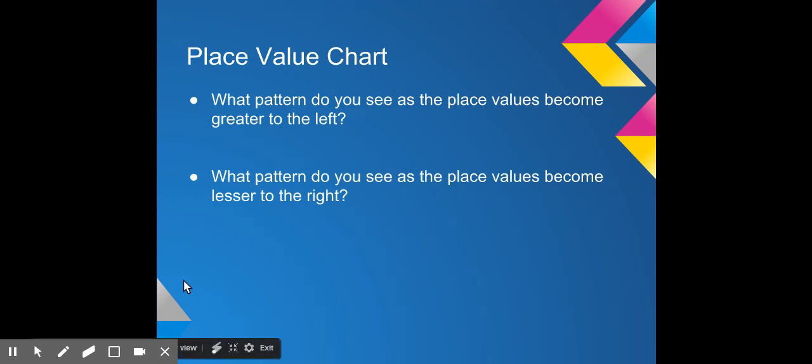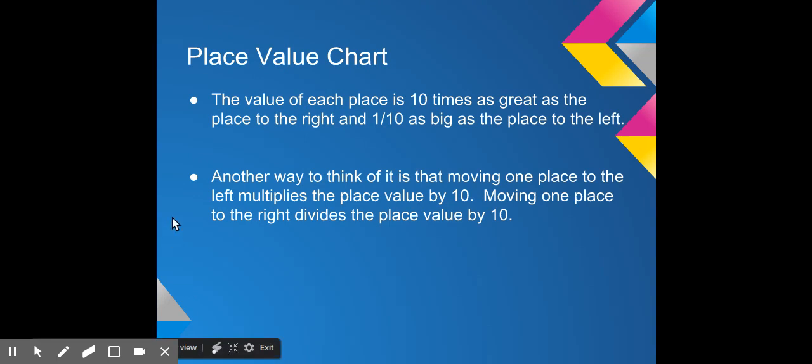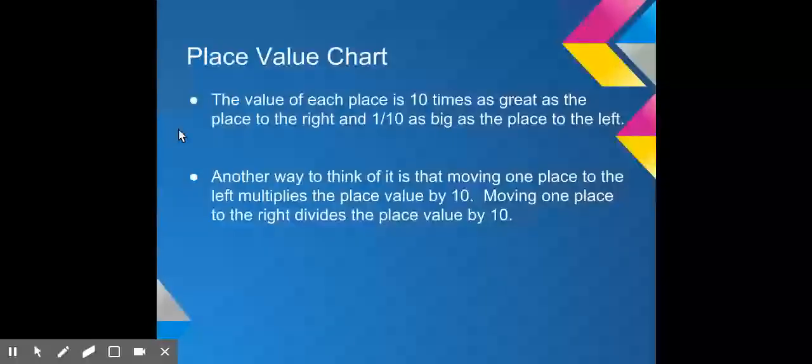Did you happen to notice any patterns as we were looking at the place value chart? For example, starting at the ones place, what happens as the place values become greater to the left? And what happens as the place values become lesser to the right? The value of each place is 10 times as great as the place value to the right and 1/10 as big as the place to the left.